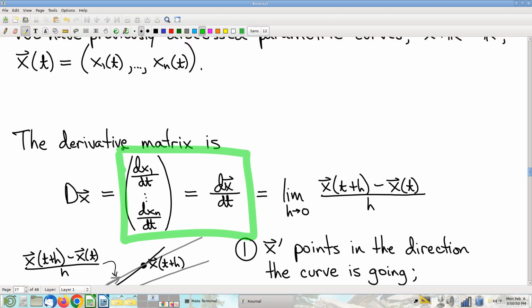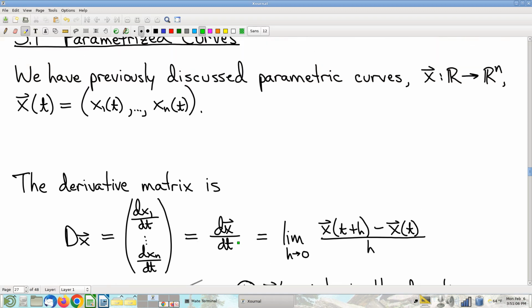Yes? Would you say then that the only really key difference to note between single variable position, velocity, and acceleration and multivariable is just to note that this is going to be a vector valued function? Yeah, I'd quibble with your language a little bit. So you said single variable versus multivariable. This is all single variable, right? But I think the distinction you're drawing is between vector valued functions versus scalar valued functions or real valued functions.